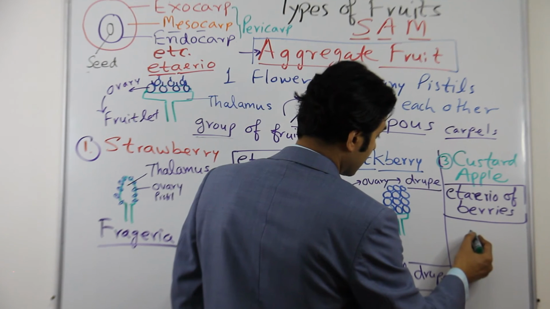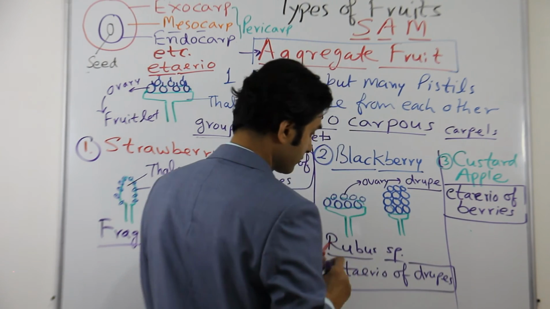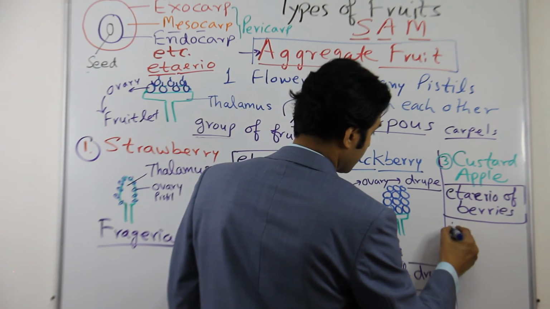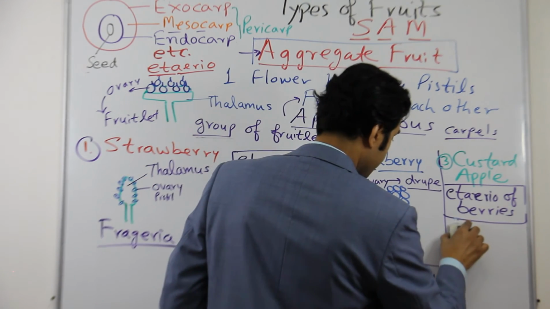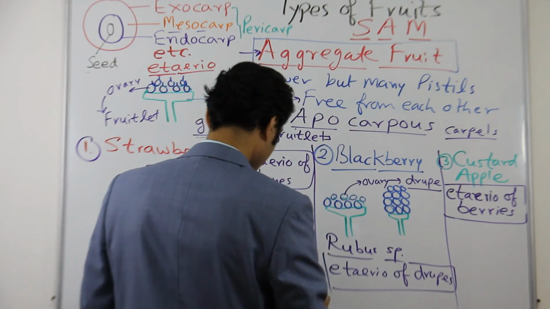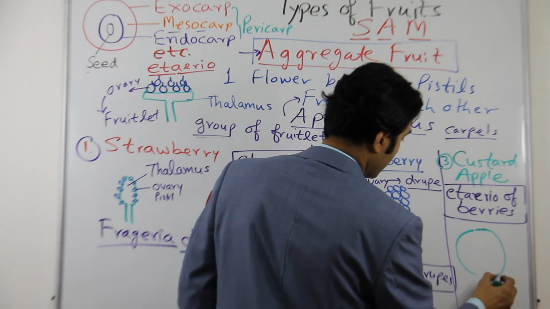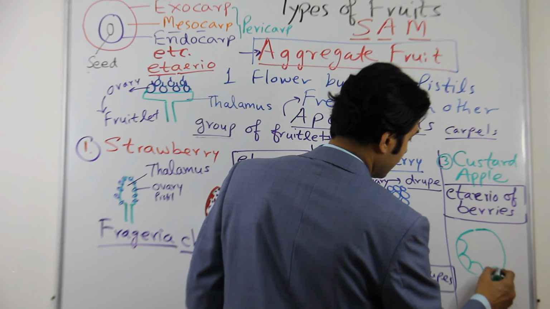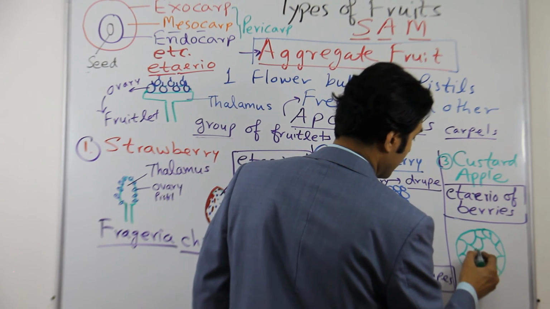So as you know, custard apple, Annona squamosa, this is the diagram of custard apple. Outside, as you know, these are the aggregation of individual berries.